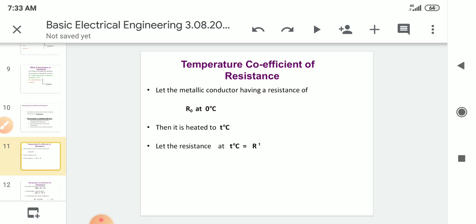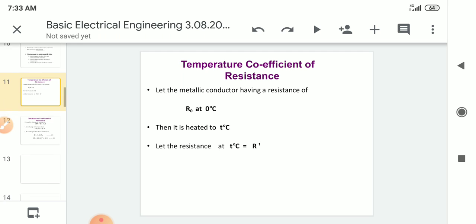Then we apply some heat, and it is increased to R_T at T degrees centigrade. Because of that, the resistance will change with this rise in temperature.